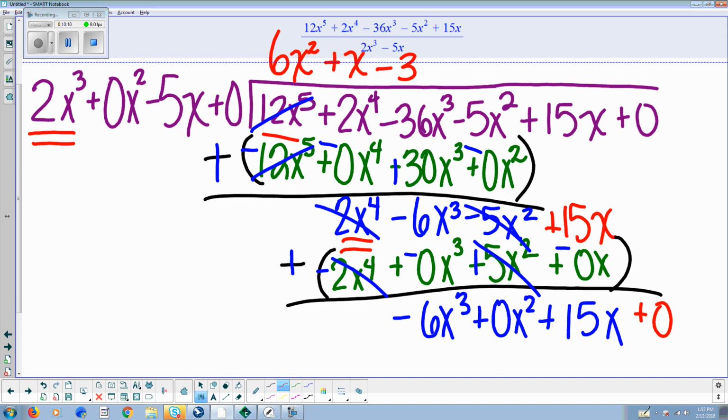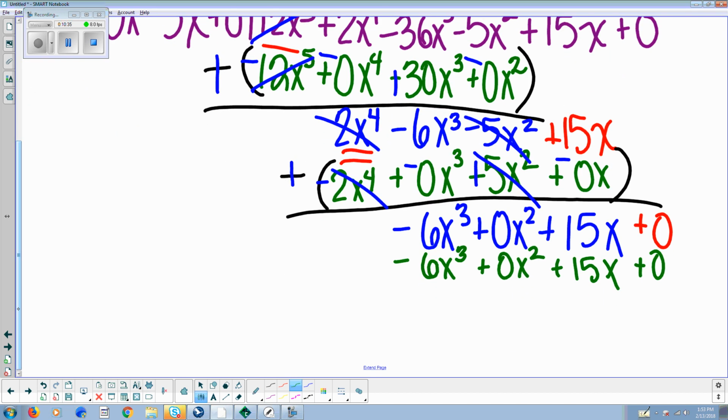So now I'm going to multiply all the terms of the divisor by negative 3. Negative 3 times 2x to the third is negative 6x to the third. Negative 3 times 0x squared is 0x squared. Negative 3 times negative 5x is positive 15x. And negative 3 times 0 is 0.